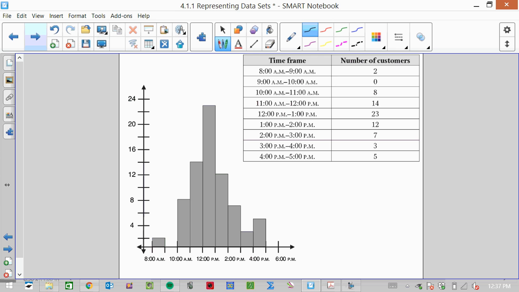And now we just draw the rectangular bars that match each time period. So from 8 to 9, there were 2 customers, so we draw a line up at 2 customers, color in the bar. There were no customers from 9 to 10. 10 to 11, we had 8 customers, so the bar goes up to 8. And each time you are creating the bar based on how many customers there were. And we're done. That's it for our histogram. We have graphically represented that problem.